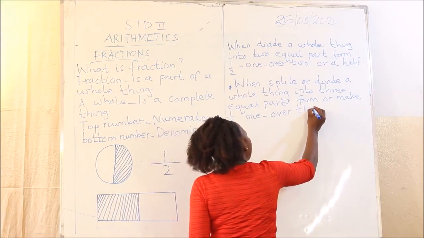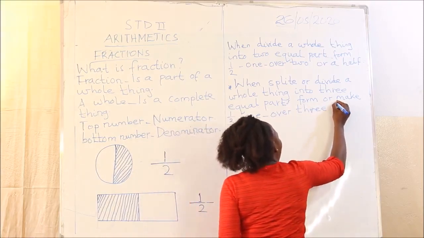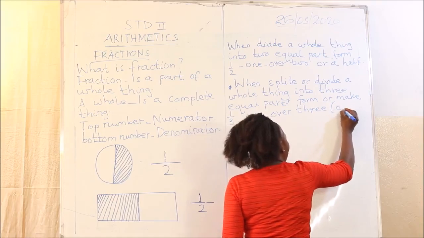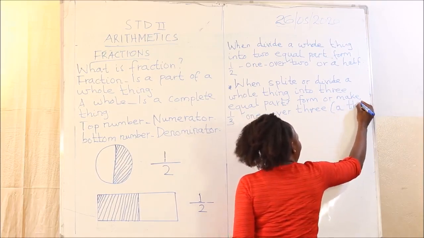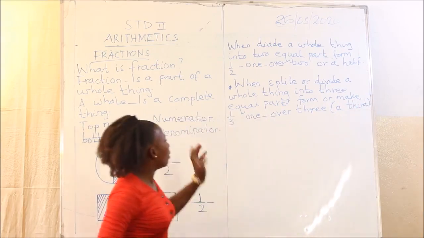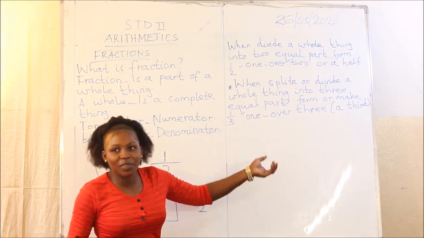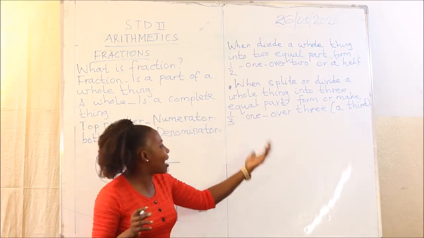1/3 or a third. You can call it a third or 1/3. So, when you divide something into 3 equal parts, we get the so-called 1/3 or a third.